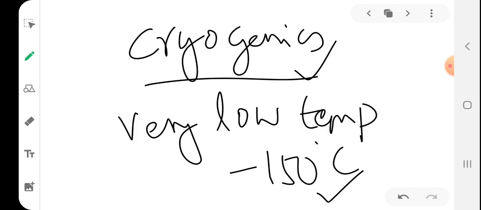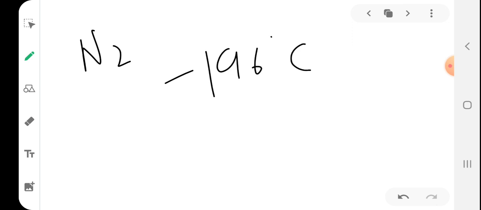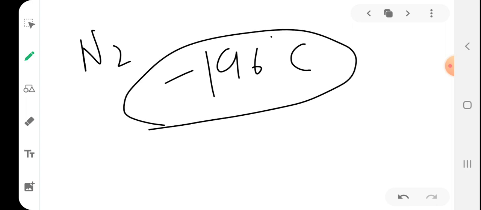The boiling point of nitrogen at atmospheric pressure is minus 196 degrees Celsius. So if you have to convert nitrogen into liquid, you have to reach this particular temperature. You won't be able to easily attain it using our conventional refrigeration system, so you have to use the cryogenic technique.